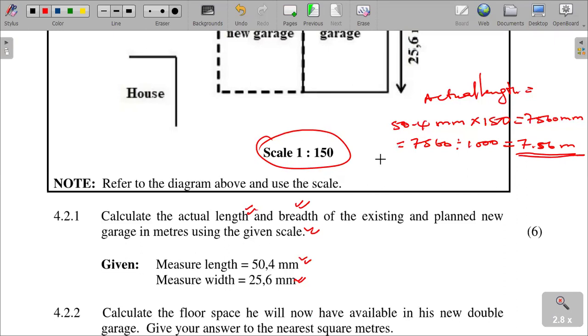And then the actual width is equal to this one that we are given there, 25.6 millimeters times 150.